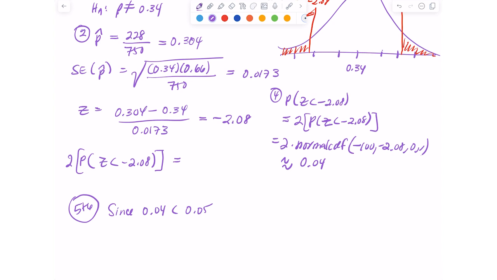So since 0.04 is less than 0.05 by just 0.01, it's cutting it close. We're going to reject the null. And anytime you reject the null, remember you say there is strong evidence to suggest the alternative. That in this case, the proportion of obese adults is not 34%.